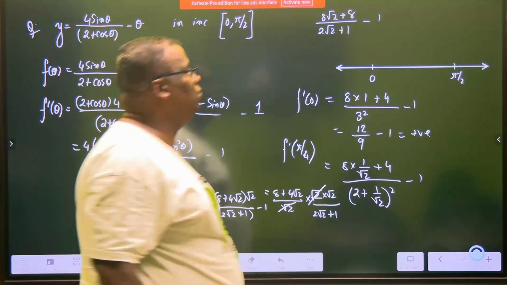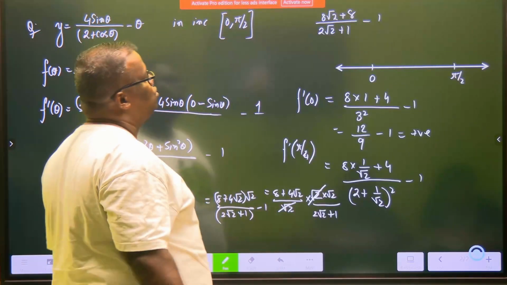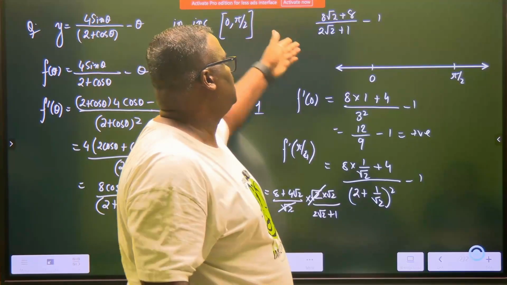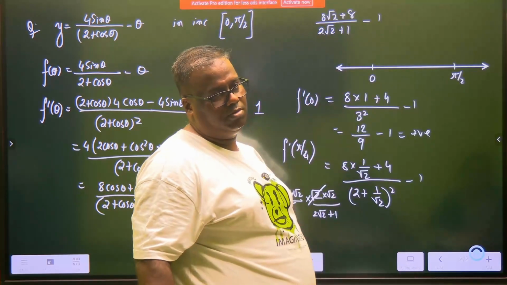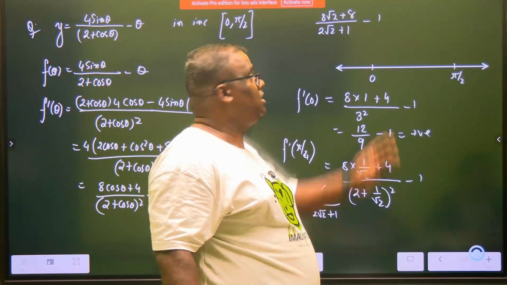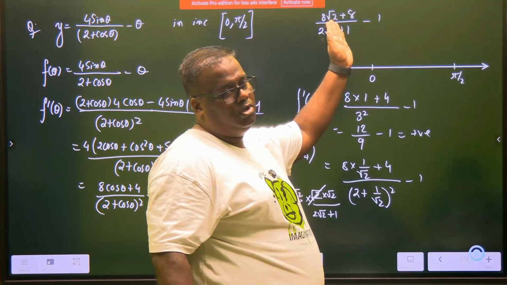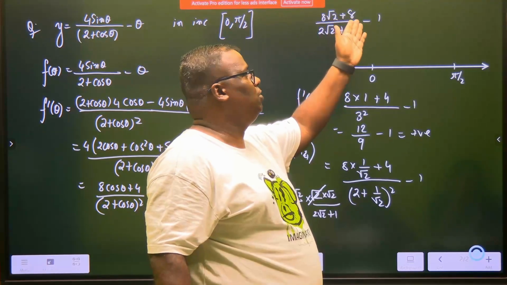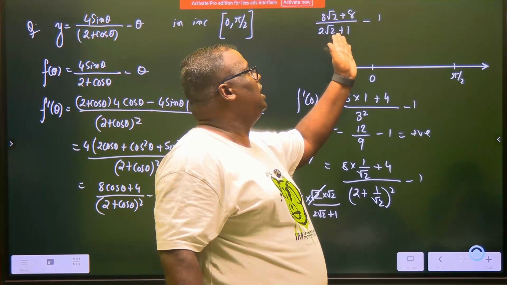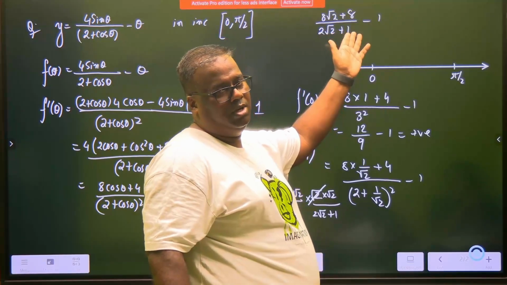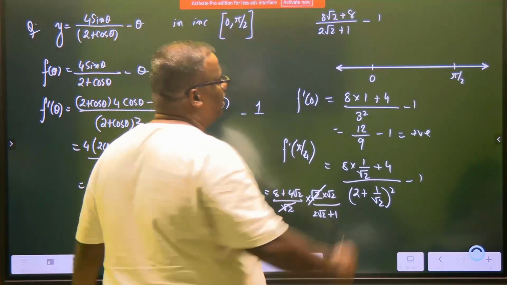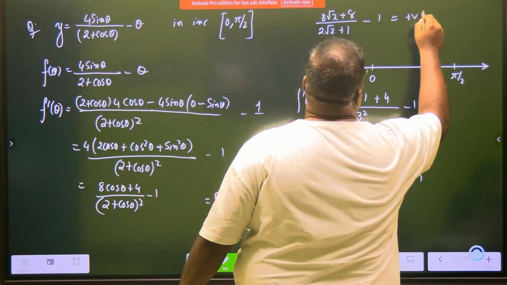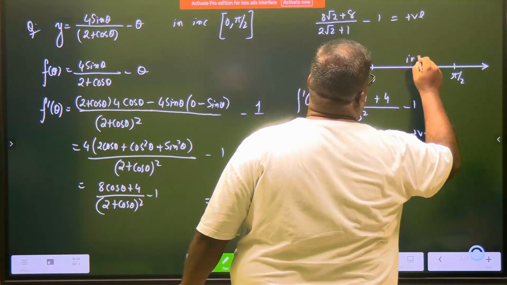Root 2 is 1.414, so this is almost 16. 16 divided by, this is anyway positive. Just check, root 2 is 1.4. So the top is positive, bigger. This is any day more than 1, minus 1, so this is positive. So here also the function is increasing.